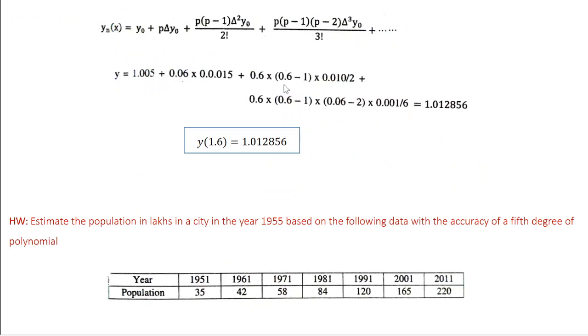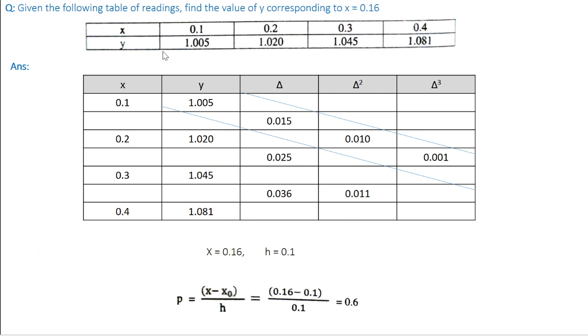Now straight away substitute in the equation. Since we have 4 data points, we need to write terms up to delta cube y naught. Okay. Now substitute the values. Y naught equal to 1.005 plus p is 0.6.